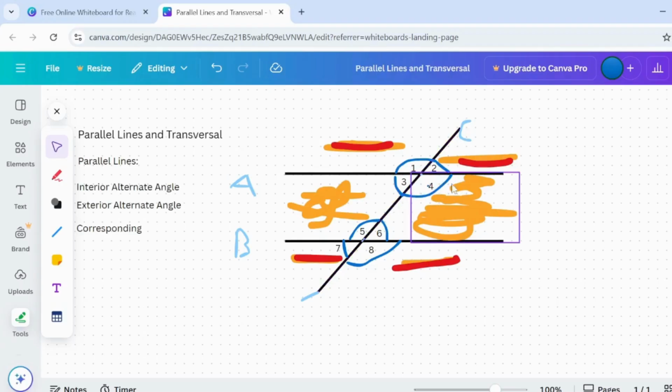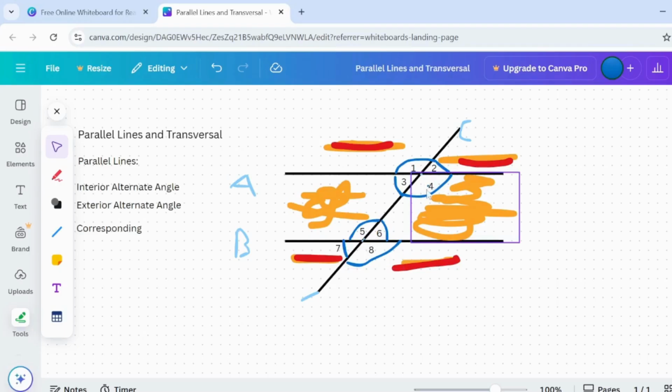Angle 4 has this angle measure. On the same side of the transversal, we can see angle 8. Angle 8 also has the same type of measure as angle 4. If you see the shape, they are also the same.